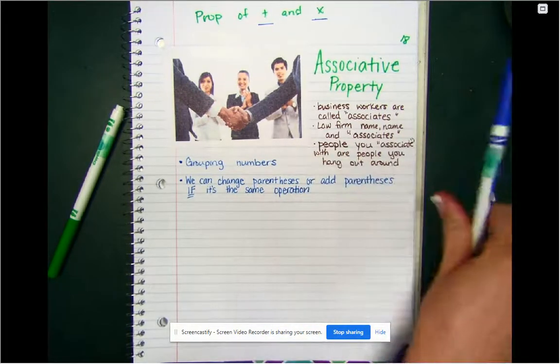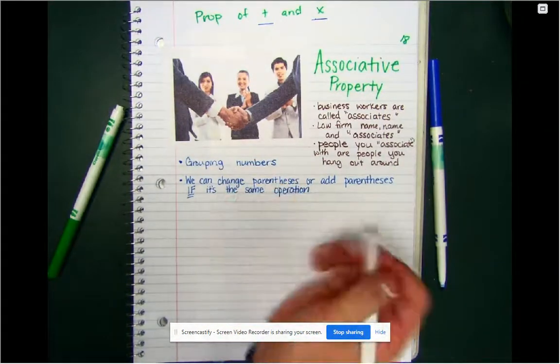That's what the associative property says. And you might be saying, what the heck, Miss Funk? That makes no sense. Give me a second.